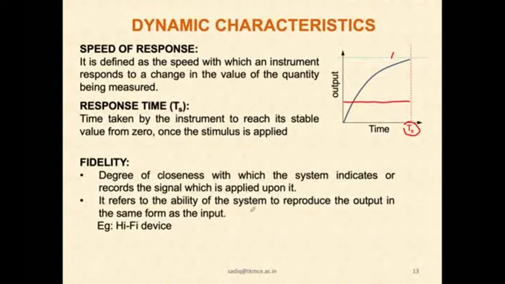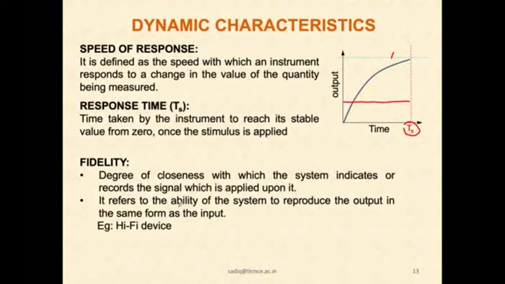Again, take the case of a CD player where there is a CD. In that CD, some of your favorite songs are there. Now, if you play the CD, even the highest quality that is copied in the CD, whether your instrument is capable of picking the same value that is stored and giving an output.